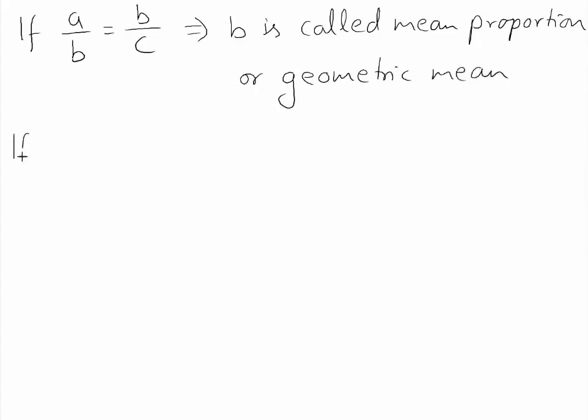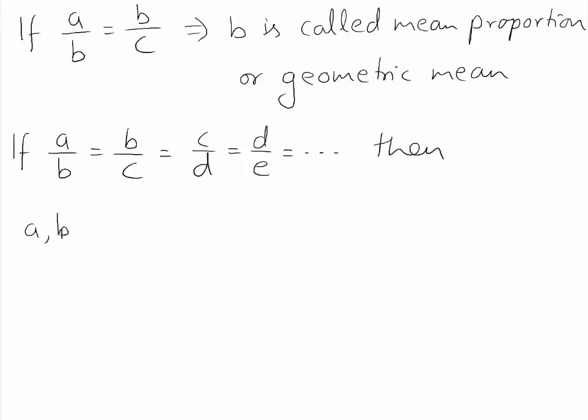Next is if A by B equals B by C equals C by D equals D by E and so on, in that case A, B, C, D, all these are said to be in continued proportion.